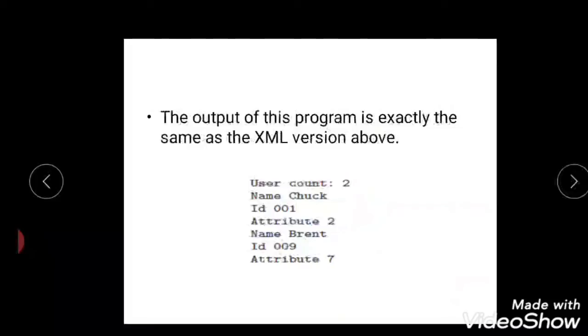But one thing is that XML is more self-descriptive than JSON, and there are some applications where XML retains an advantage. For example, word processors store documents internally using XML rather than JSON. JSON is not used there, only XML. And this is the overview of JSON and XML.